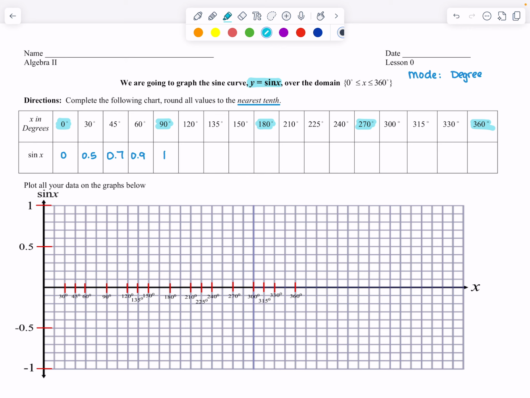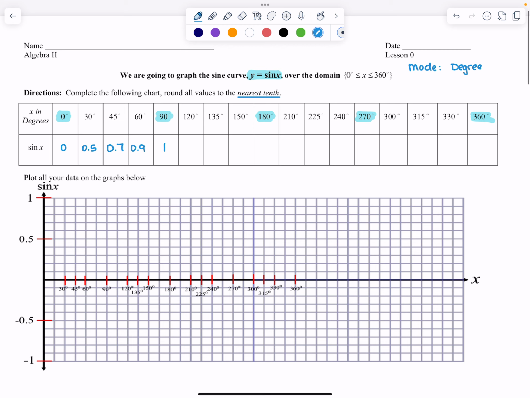So what I'd like you to do is finish typing these into your calculator, and then you're going to plot the points from your table, and we're going to make the sine curve. So just pause the video, finish the table, and then see if you can plot your points.